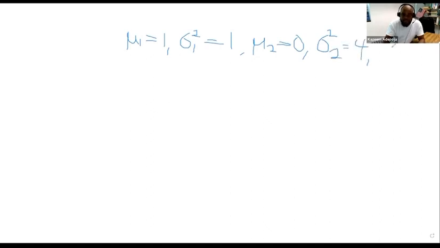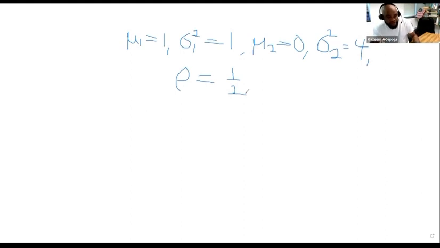And not only that, they gave you rho, which is the correlation, to be 1 over 2. The fact that the correlation is 1 over 2, you know what that implies? X1 and X2 are not independent. If they were independent, we would expect rho to be equal to 0.